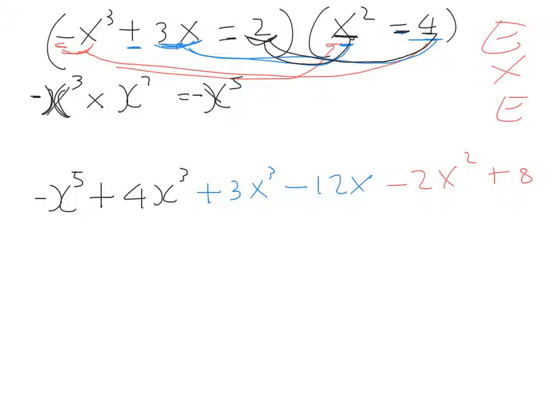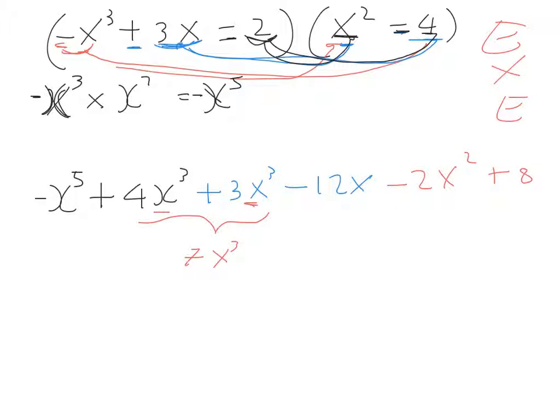What can we do? Well, let's see if we can put something together. We've got x cubed there, and x cubed there, so we can definitely sum these two together. So we can write this as 7x cubed. Then we've got x to the power of 5, and we don't have any other x to the power of 5.